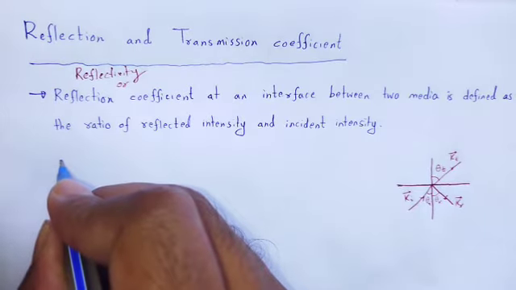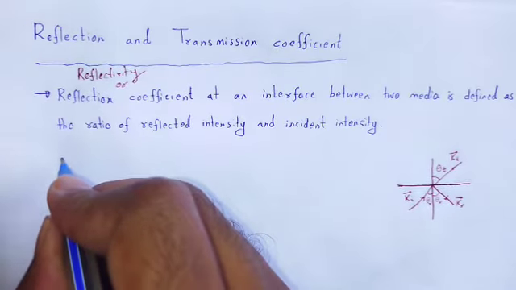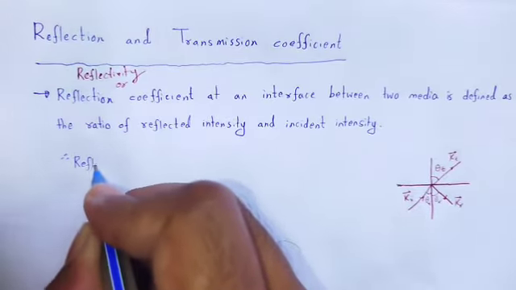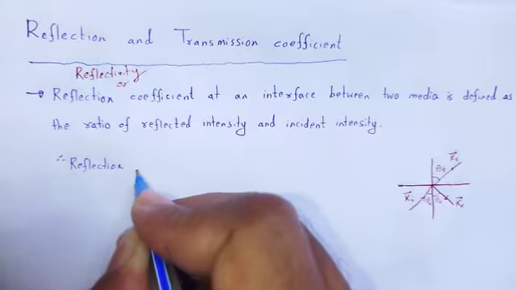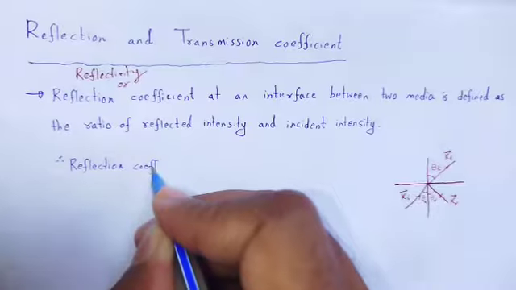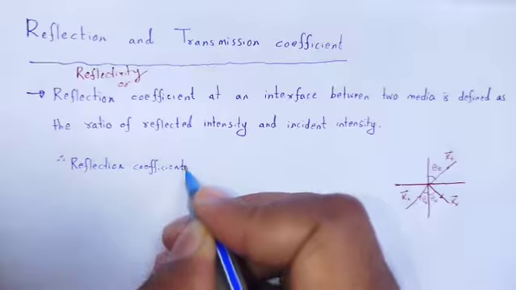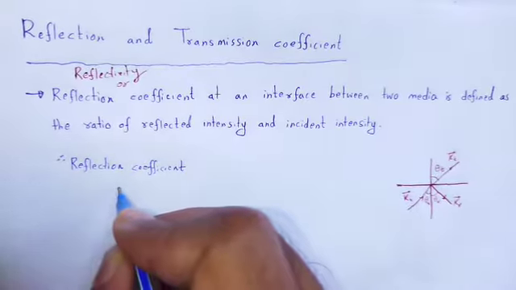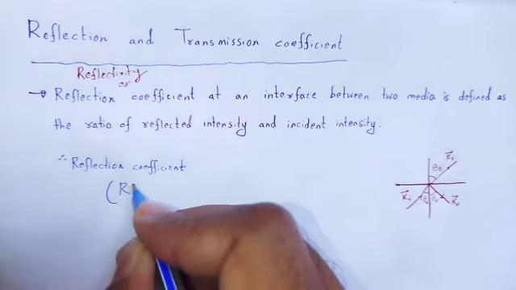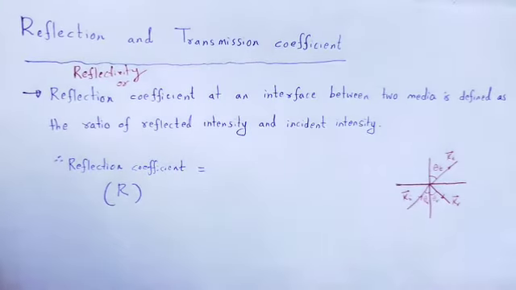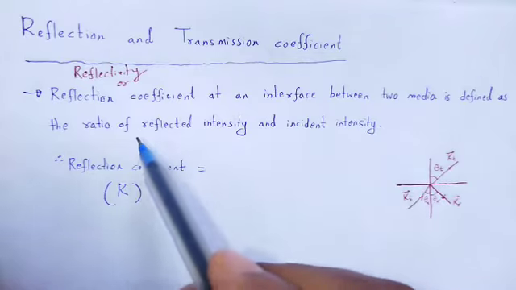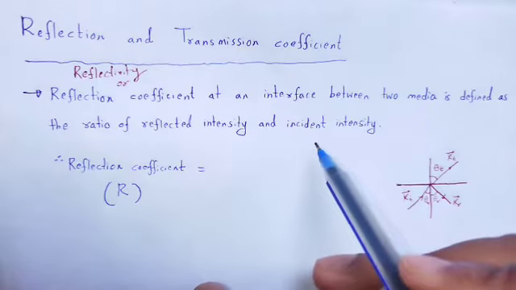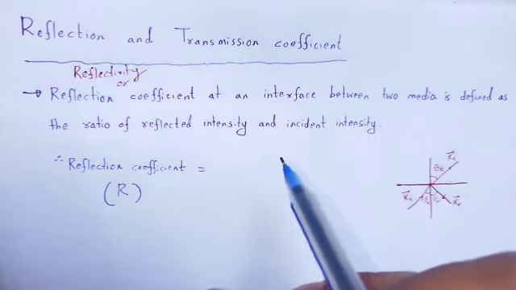So, the reflection coefficient R is equal to the ratio of reflected intensity to that of incident intensity.